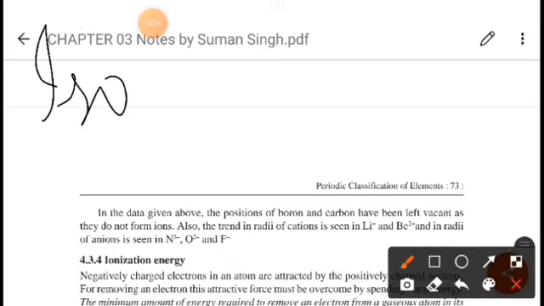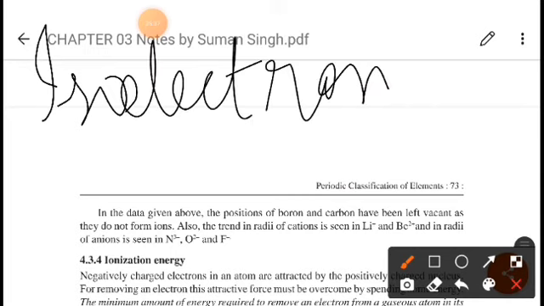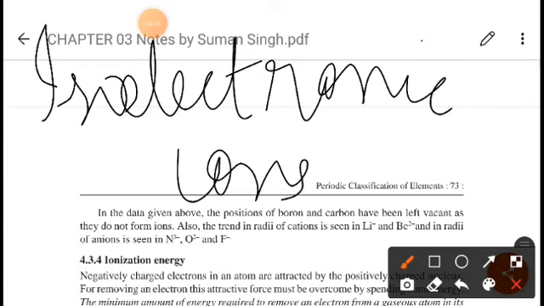The ions of different elements which possess the same number of electrons are called isoelectronic ions. And these isoelectronic ions possess the same arrangement of electrons but differ in nuclear charge.